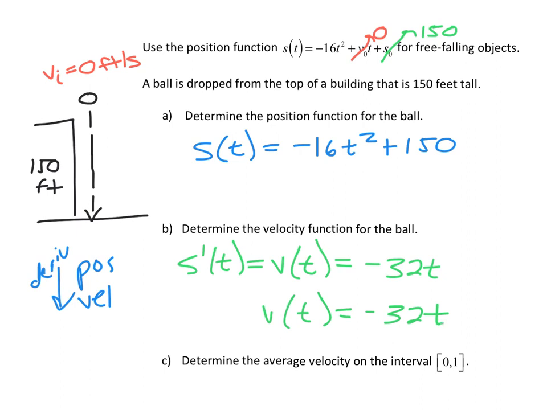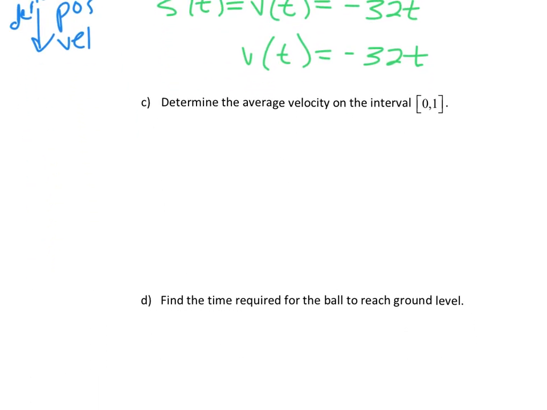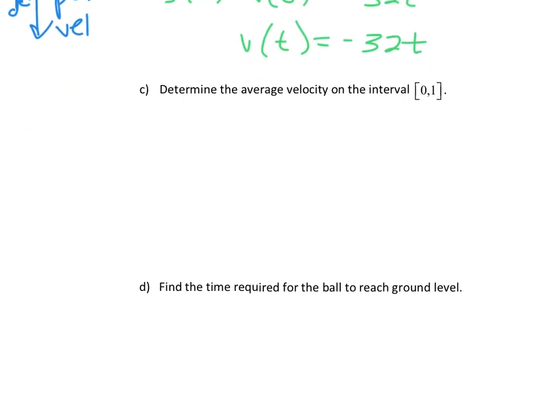Now I want to determine the average velocity on the time interval 0 to 1. Average velocity has its own equation. It is given as the change of position, so change of s, over change in time.